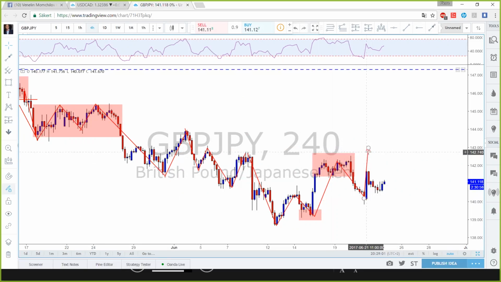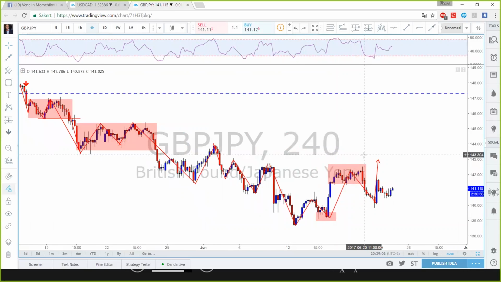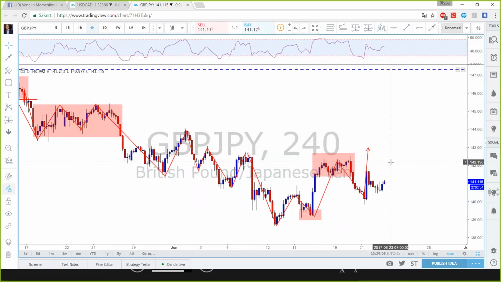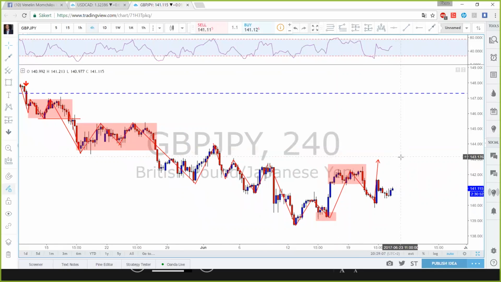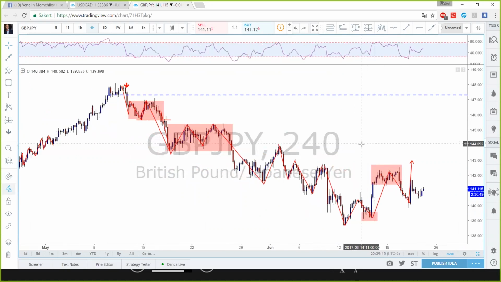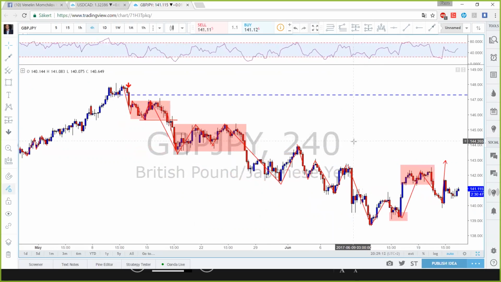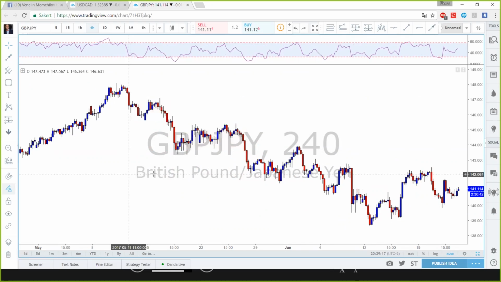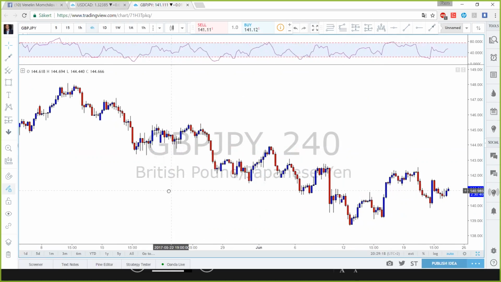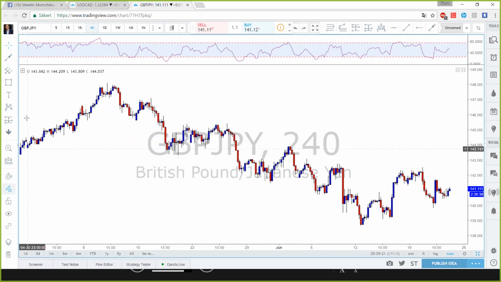We want one more higher high to start thinking about a trending market. So if you always look at the price movement like we did now, I highly recommend you guys put some time into your charting skills, put some time into drawing these highs and lows.